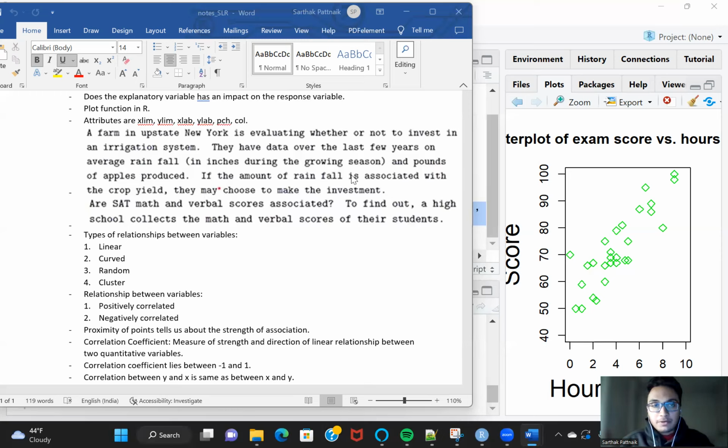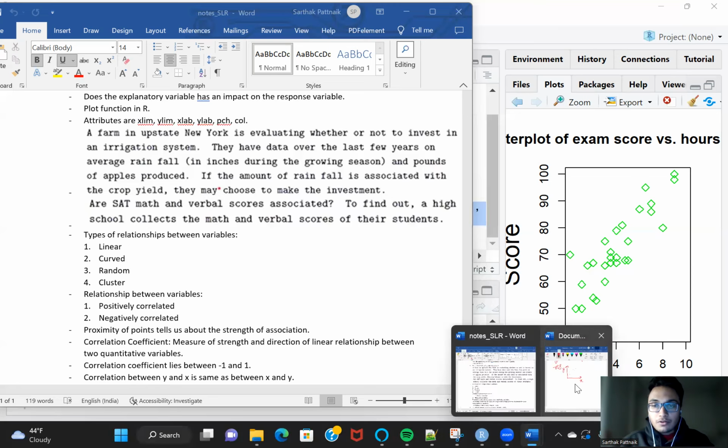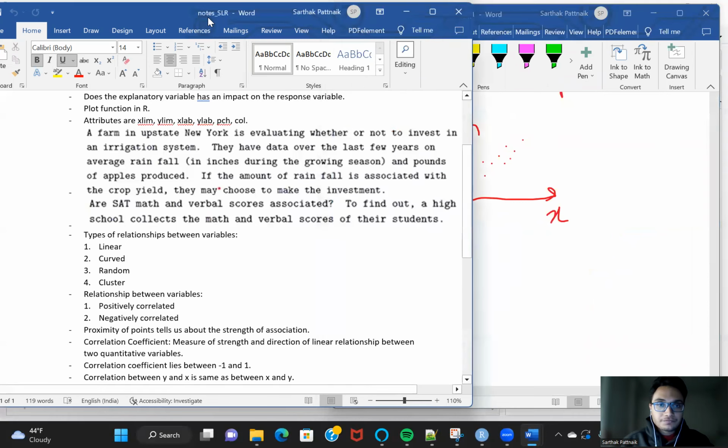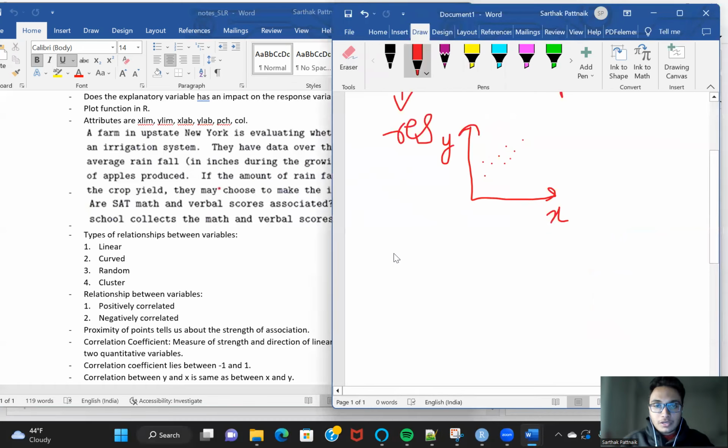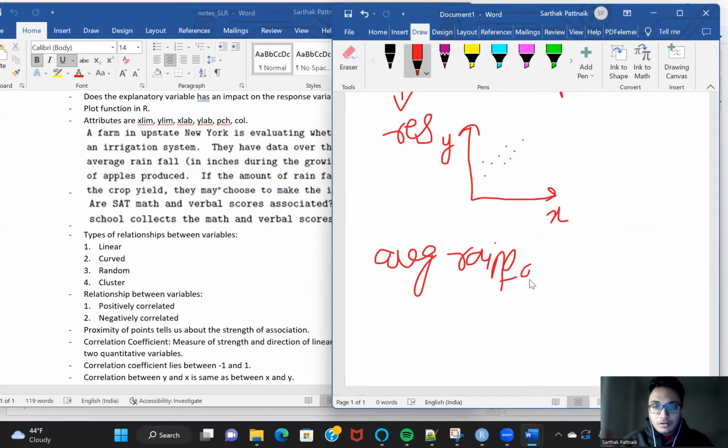This is your problem statement. You have two variables at play over here: average rainfall and apples produced.